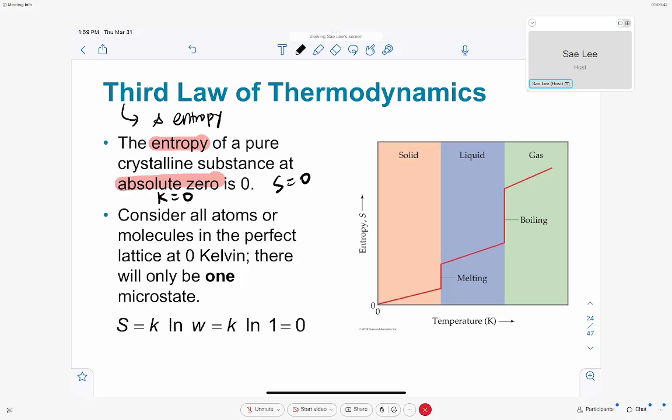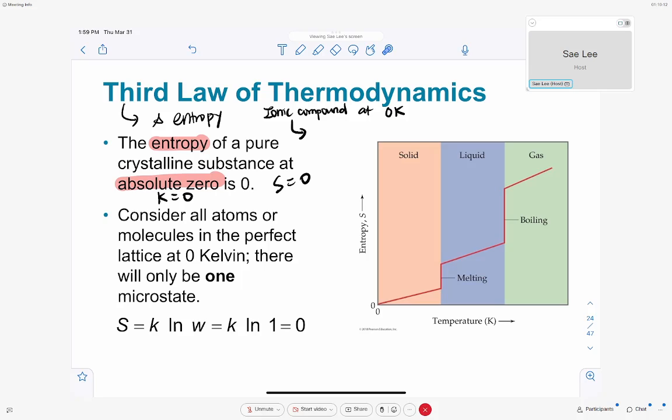For example, take an ionic compound at a temperature of absolute 0, 0 Kelvin. This is a solid, or a crystal. According to this law, this crystal has absolutely no disorder.